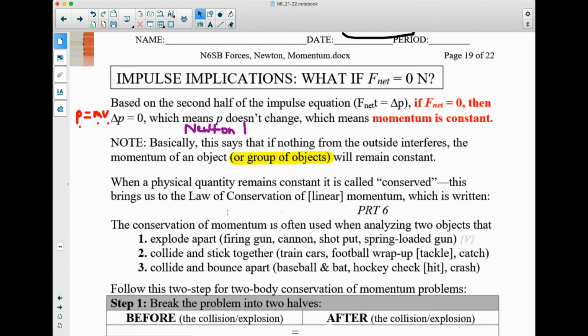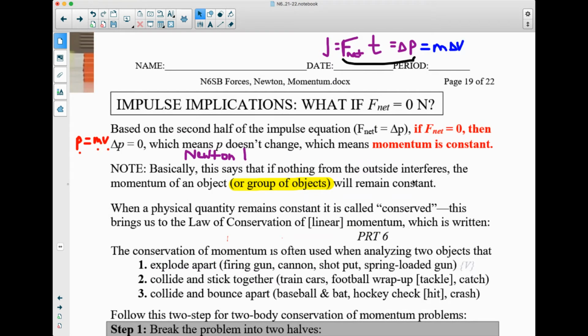Now, it's always under a certain set of conditions. Always. It's not like, oh, look, there it is, momentum's conserved. No, you have to define what's going on. In fact, what you have to define is a system. This is true. All these comments right here, momentum will be conserved or stay constant within a system. Let me add this all the way over here.